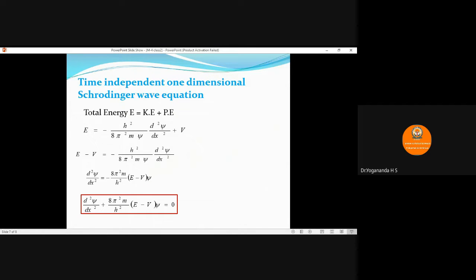Then the above equation becomes d square psi divided by dx square plus 8 pi square m divided by h square into (E minus V) of psi is equal to 0. This is the expression for our one-dimensional time-independent Schrödinger wave equation.